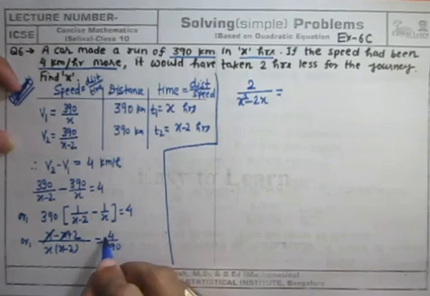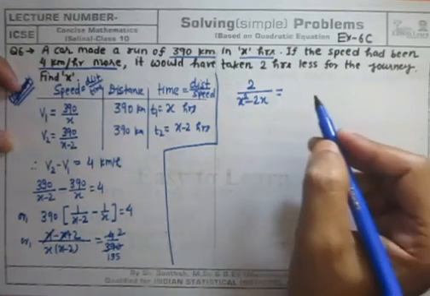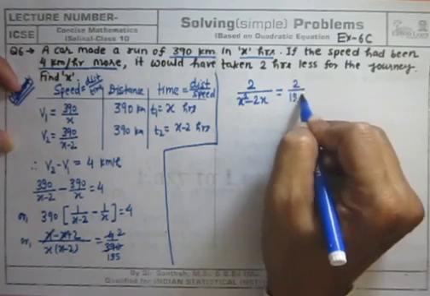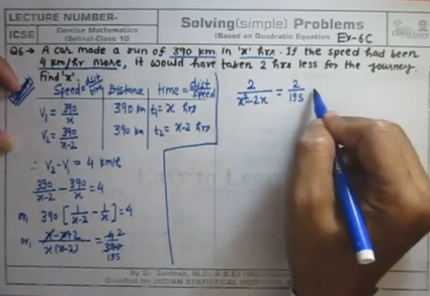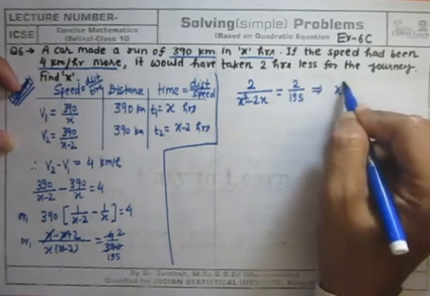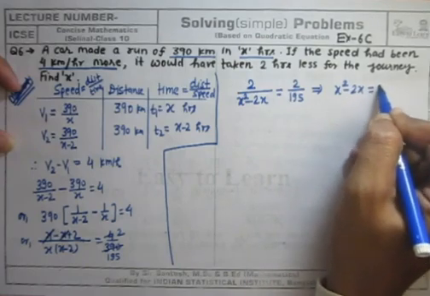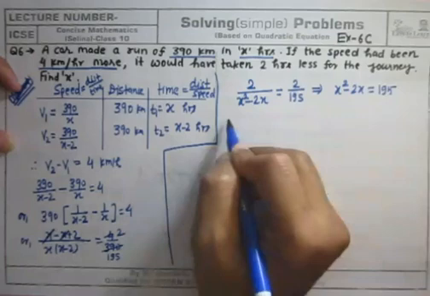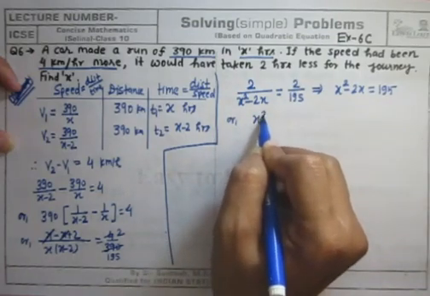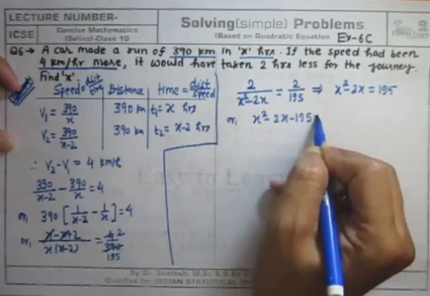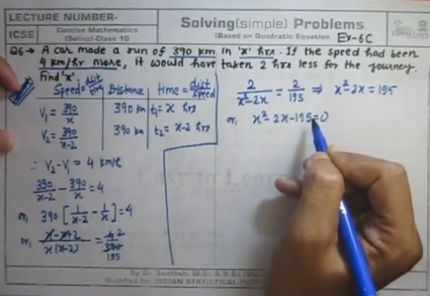Can we cancel it? 2 by 195, we can cancel 2. So after this we are getting x square minus 2x is equal to 195, or x square minus 2x minus 195 equal to 0. So we are getting this quadratic equation.